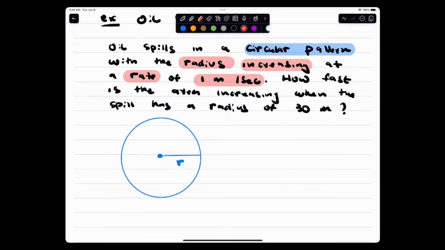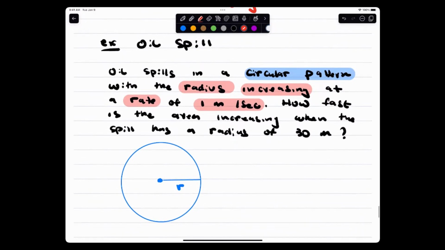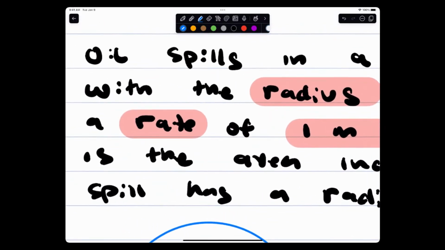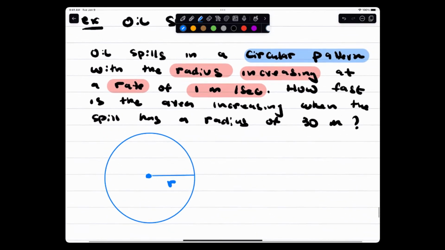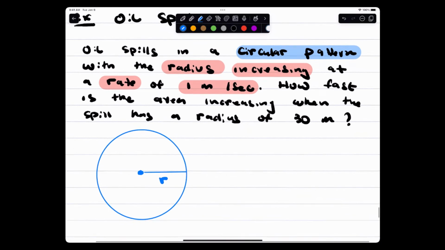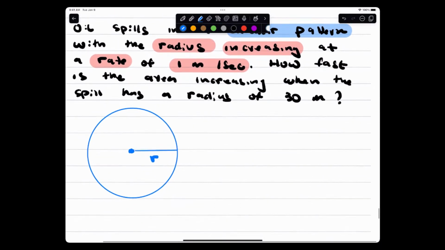What does that portion in red actually mean if they say the radius is increasing at a rate of 1 meter per second? The key word is rate. And what letter represents the radius? Good.